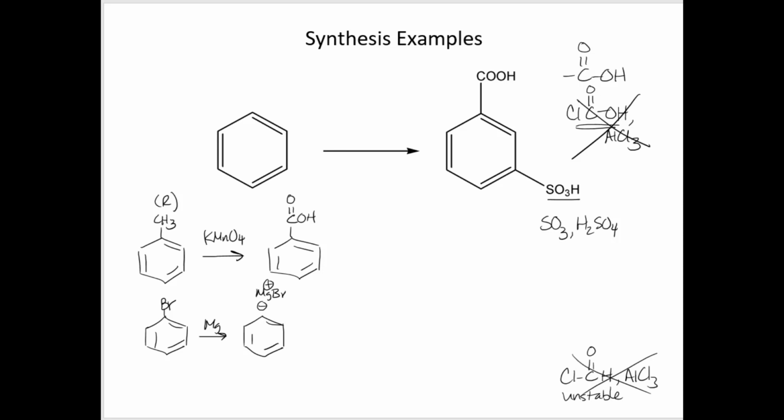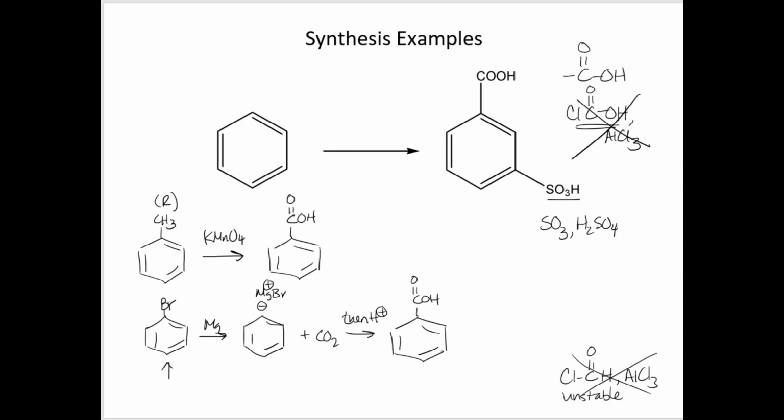And then what do I react that Grignard with, followed by a then H plus step, in order to make the carboxylic acid? And you would have to go back and look through your notes, but it would be CO2. So another way to put a carboxylic acid group on the ring is by putting a bromine on the ring, making it a Grignard, reacting it with CO2, and then you have the H plus H2O step.